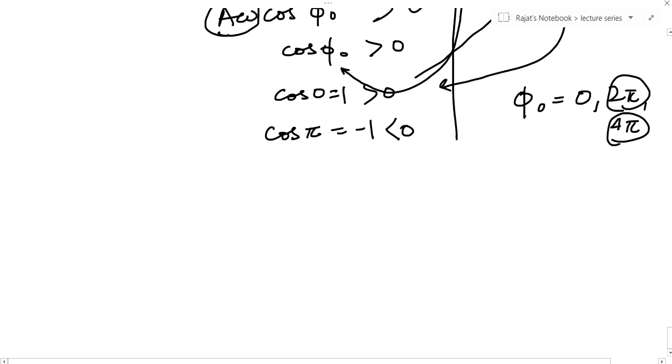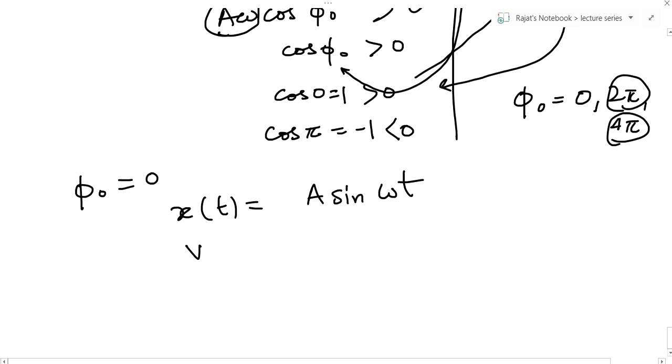So we have found the value of phi naught for the above spring block system, where the mass is at x equal to 0 at t equal to 0, and the velocity is in the positive x direction. For such a spring block system, phi naught is 0. So the final functions are x(t) is equal to a sine omega t, and v(t) is equal to a omega cos omega t. So we have derived the position and velocity for such a spring block system.